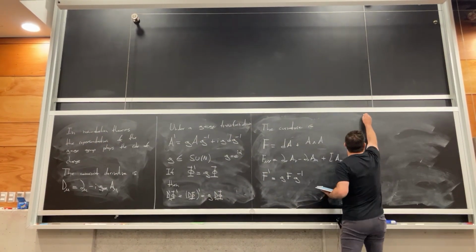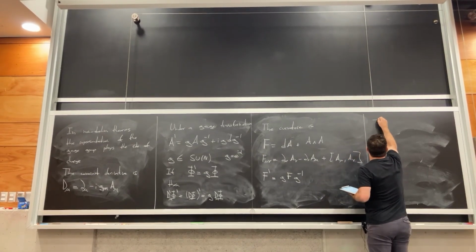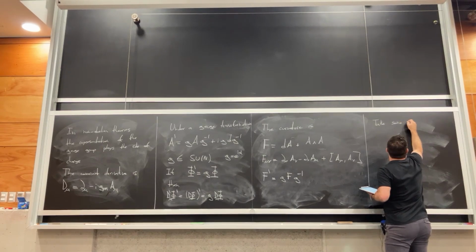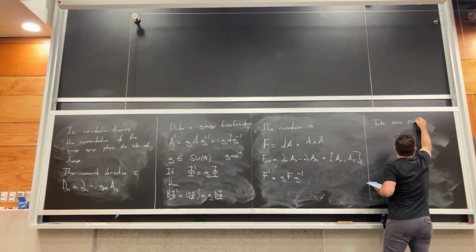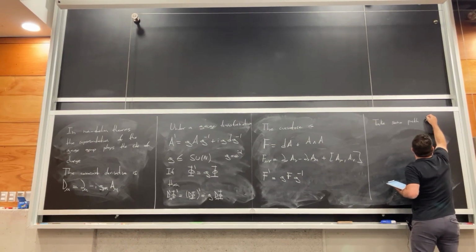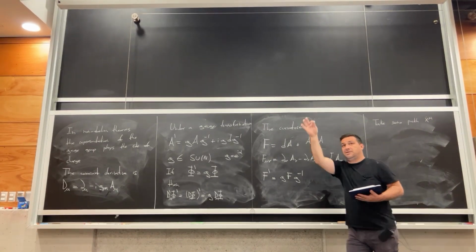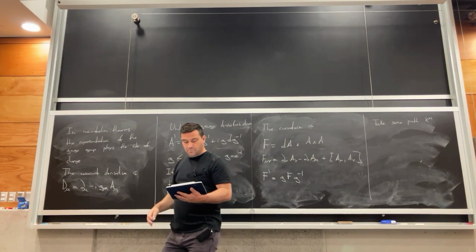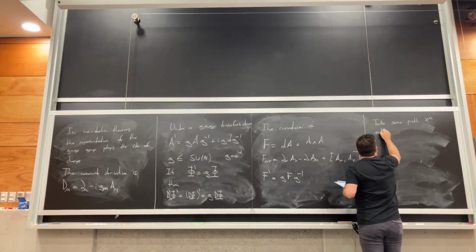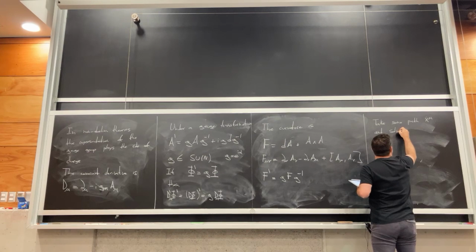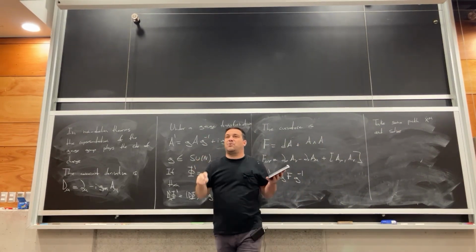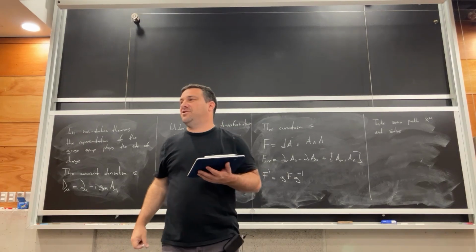So take some path, x dot mu, some line in space-time, and solve the geodesic equation for this connection, right?